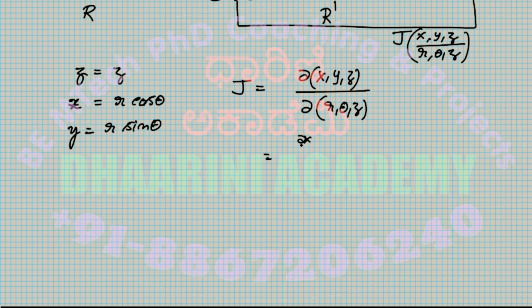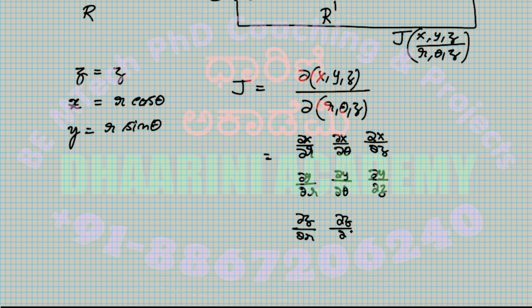In the first row, we find all the variations of x with all three variables: dou x by dou r, dou x by dou theta, dou x by dou z. Similarly, second row: dou y by dou r, dou y by dou theta, dou y by dou z. Then dou z by dou r, dou z by dou theta, dou z by dou z.